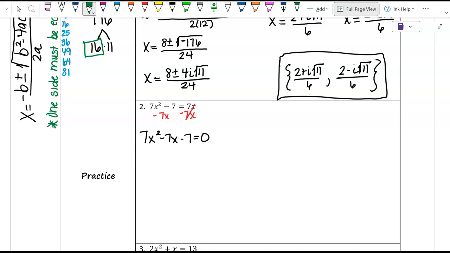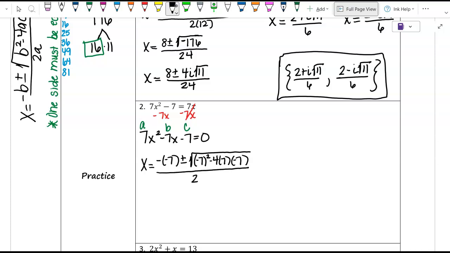So in this case, A is 7, B is negative 7, C is negative 7. So we get x equals negative 7 plus or minus the square root, the quantity negative 7 squared minus 4 times 7 times negative 7, all divided by 2 times 7.